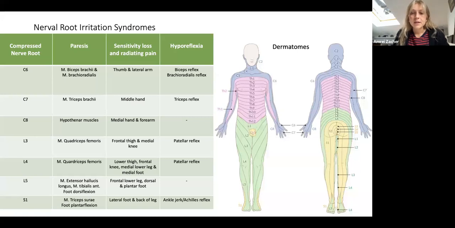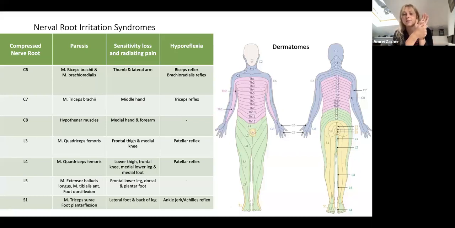C7 syndrome is the triceps brachii. Then you see here the C7 is in the middle of the hand, and the hyporeflexia would be in the triceps reflex.